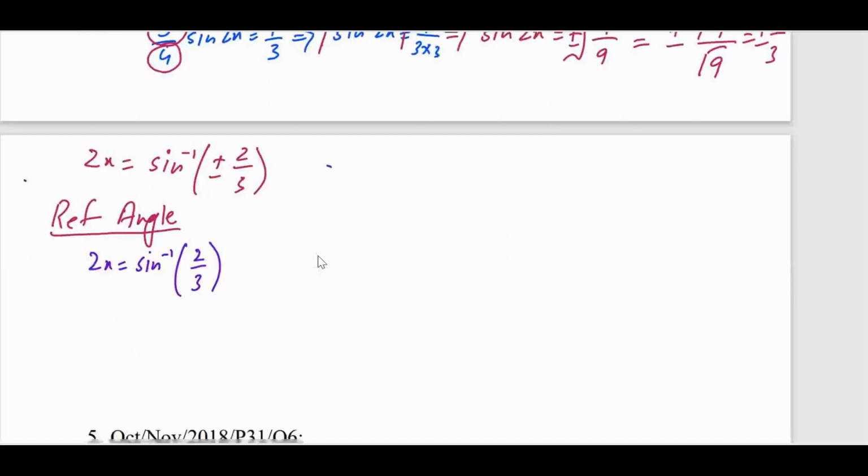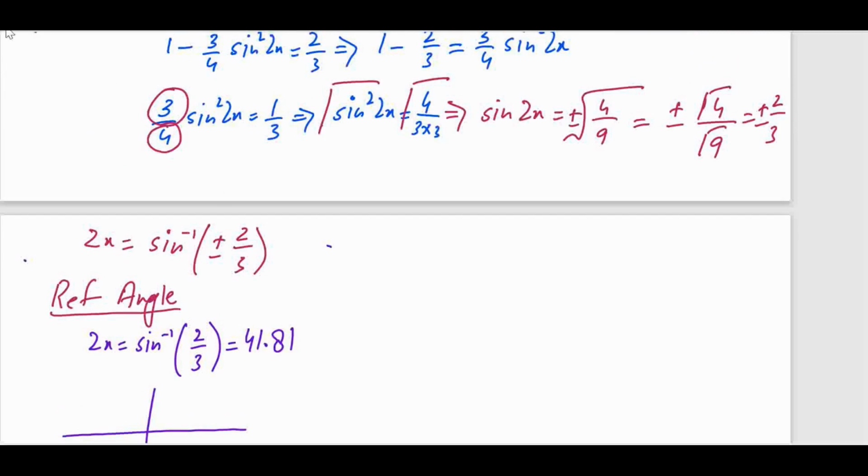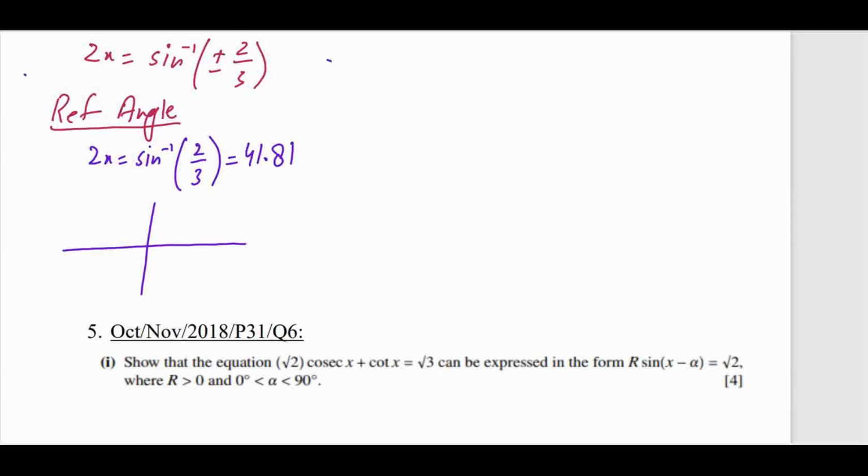So the reference angle is 41.81. Now we can see here that sine is positive as well as negative, because from this expression we can see that sine is positive as well as negative. So that is why this will lie in all the quadrants.